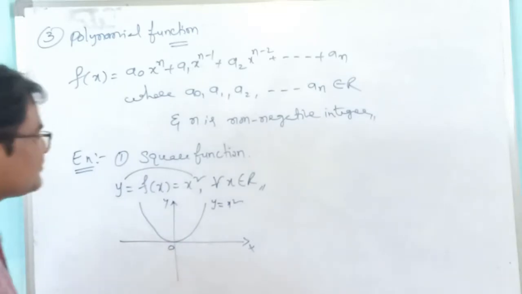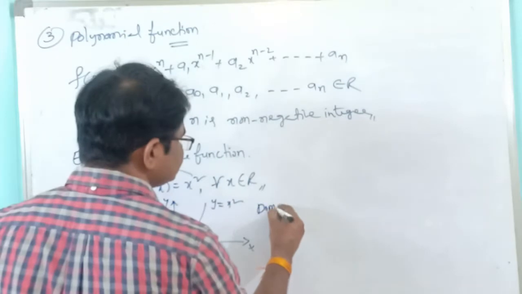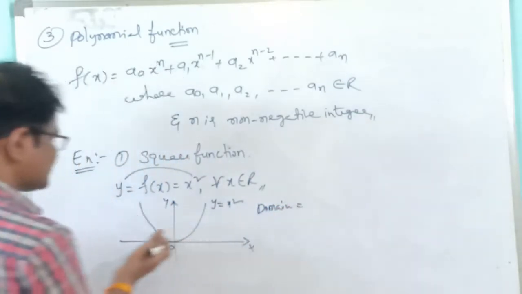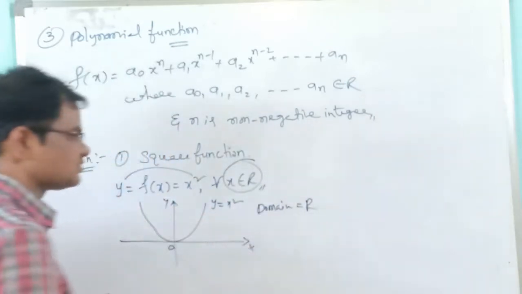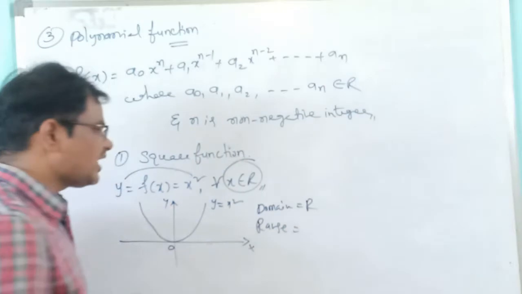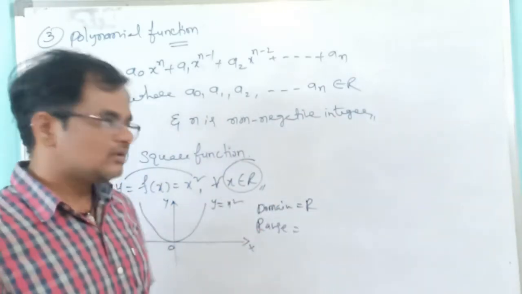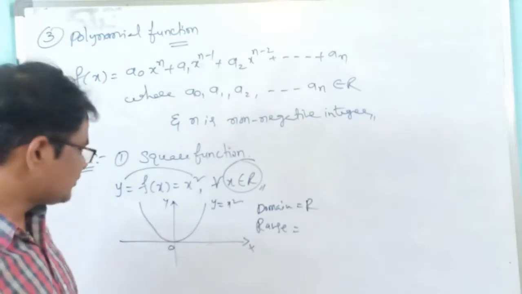So what is the domain of this function? Domain means existence of x values, real numbers, because here x belongs to the real numbers. Next, range. According to this domain, what is the existence of y values? From where to where?